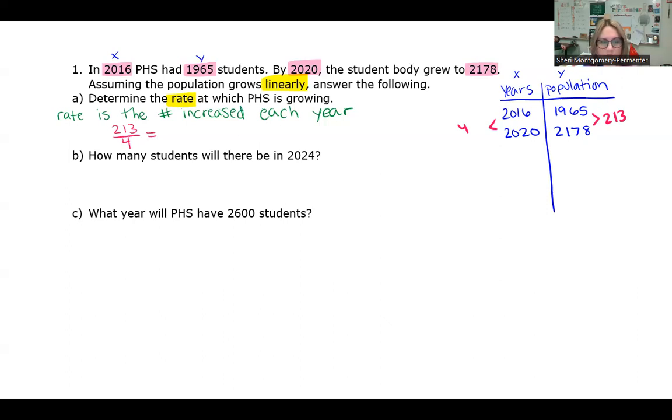Can we have half people? So we're going to have to say that it's increasing by 54 each year.